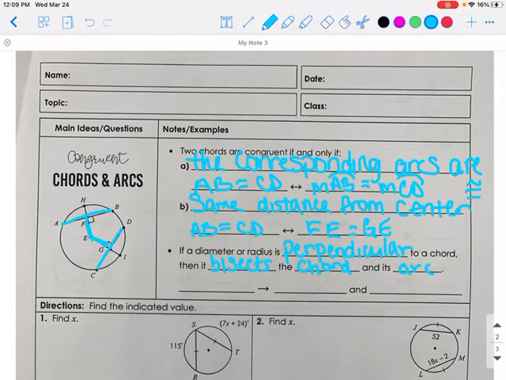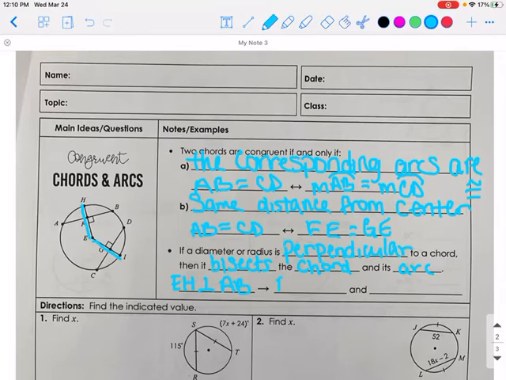So looking back at the picture, I'm going to do some erasing. In this case, we're looking at EH, the radius, and the other radius, right? Notice they're both perpendicular with those chords because I see those 90s. So it's saying EH is perpendicular to AB.